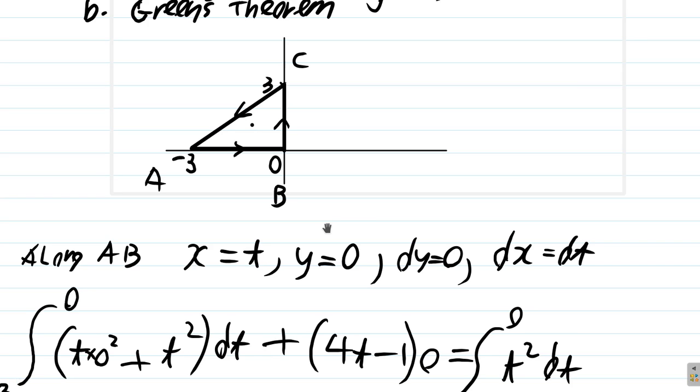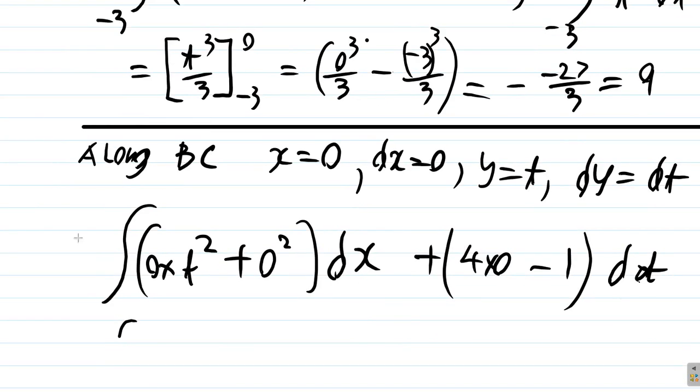So we're going to integrate this from 0 to 3. So this is now the integral from 0 to 3 of 0 times t squared, which is 0. So the dx part is gone. Now here, all you have is negative 1 left, because 4 times 0 is 0. So that part is gone too. So it's negative 1 dt.